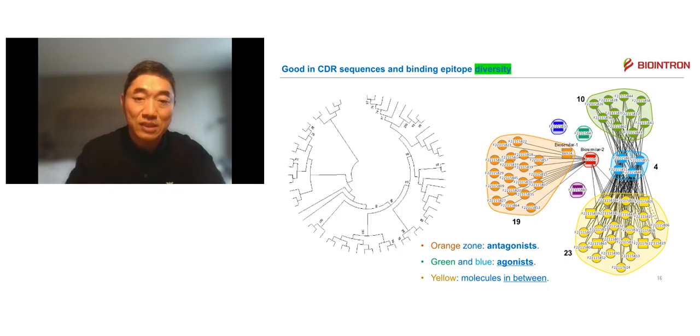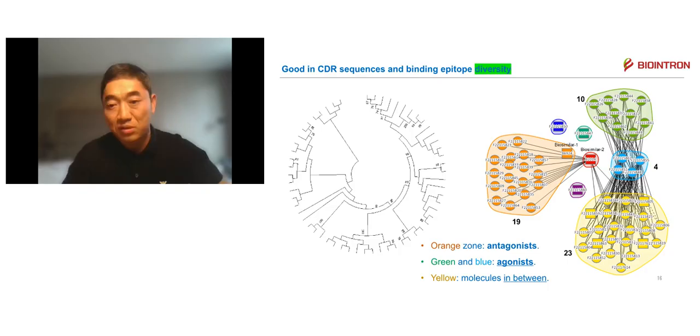You can see that their CDR diversity is very good by looking at the phylogenetic tree. It's very diverse, and the binding epitopes are also very diverse. As shown, the orange zone are antagonists, the green and blue are agonists, while the yellow one has some antibody hits that fall in between.